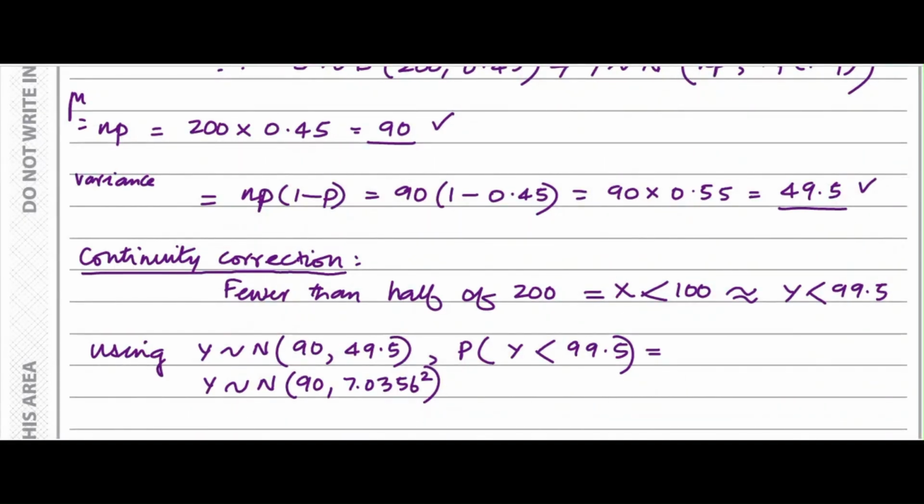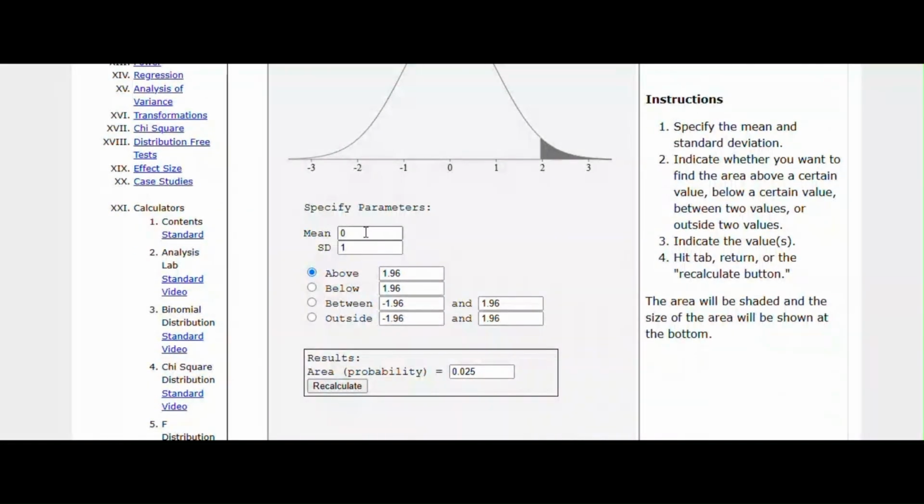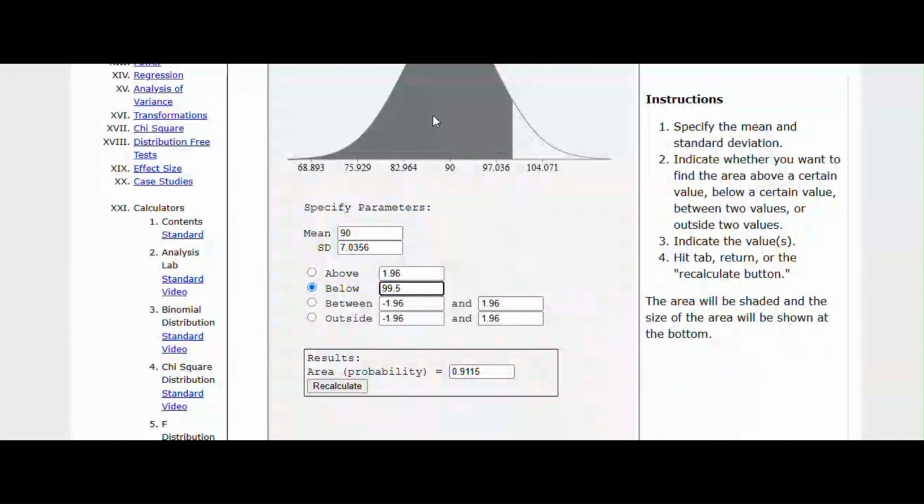Now going back to the calculator, mean is equal to 90, standard deviation is equal to 7.0356, and we want the Y value below 99.5. Okay, let's put 99.5 here, and that probability is 0.9115.